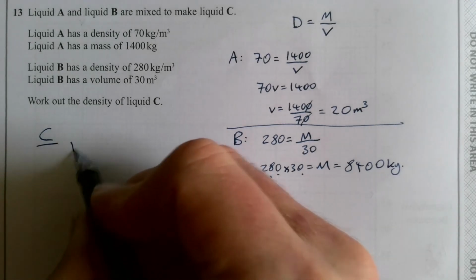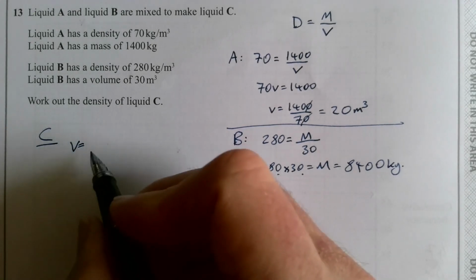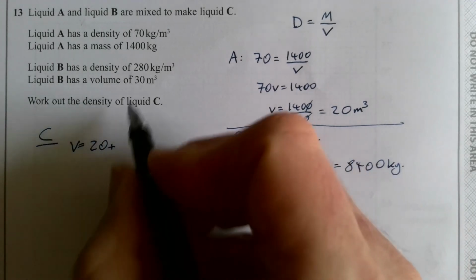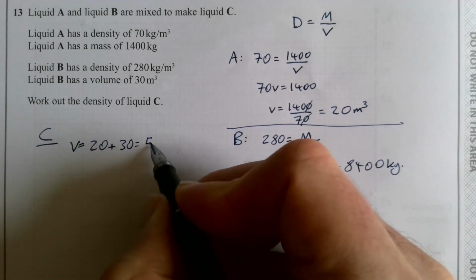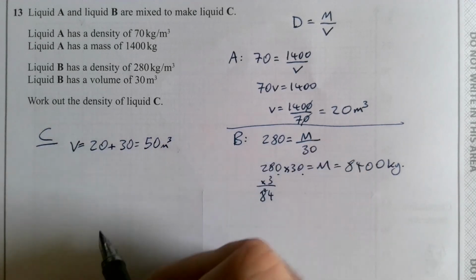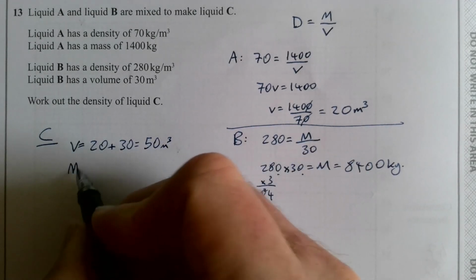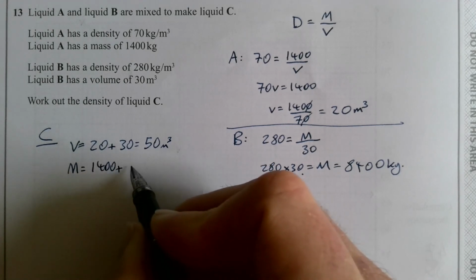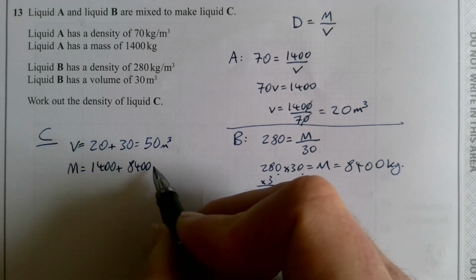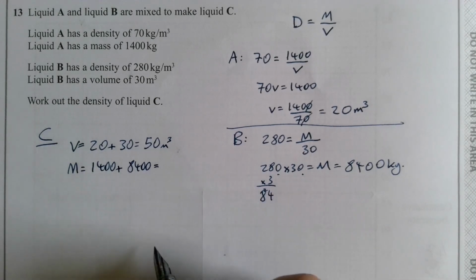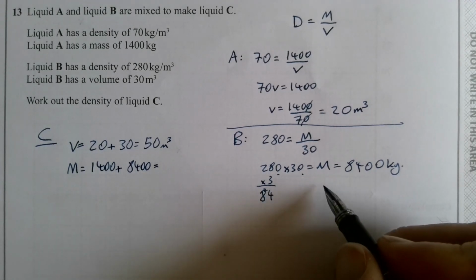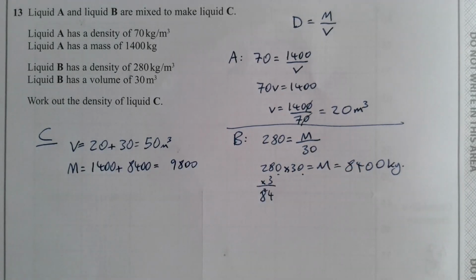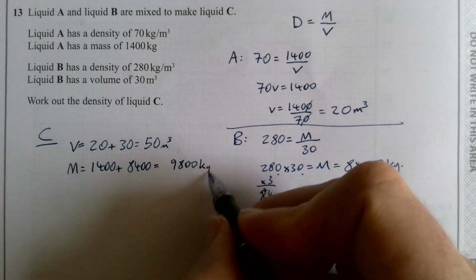So for C, the volume is going to be 20 from A plus the 30 from B, which is 50 cubic meters. The mass is going to be 1400 of A plus 8400 of B, which is 9,800 kilograms.